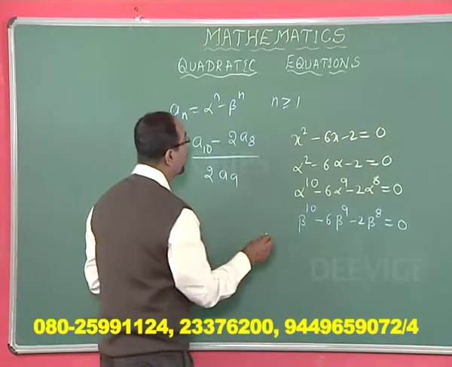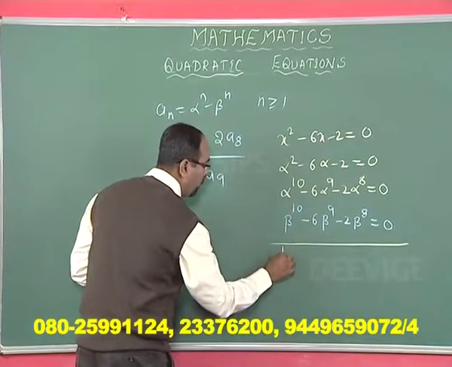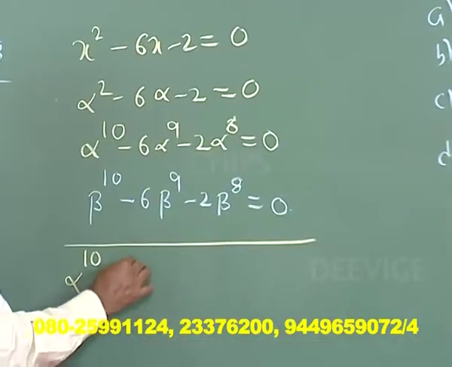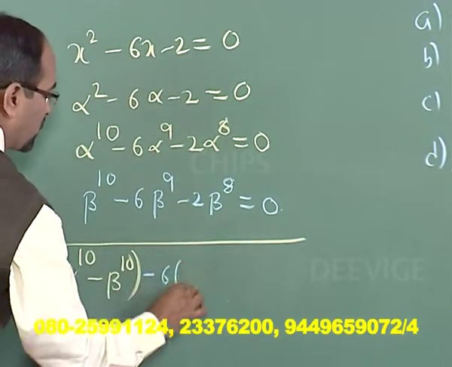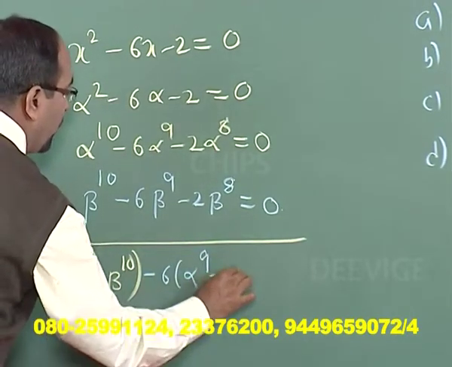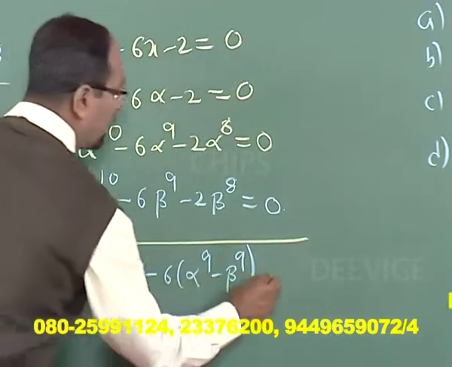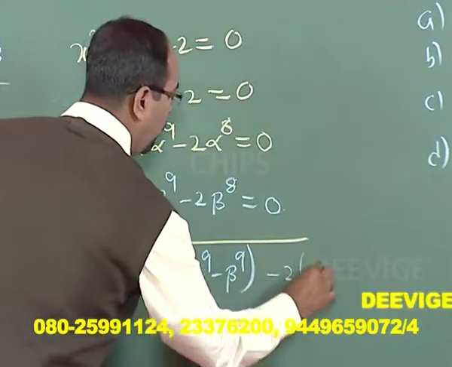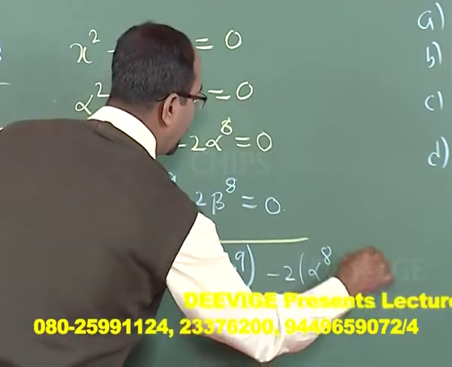Now, let us subtract. If we subtract, alpha power 10 minus beta power 10, that is the first part, minus 6 times alpha power 9 minus beta power 9, this is the second part, minus 2 times alpha power 8 minus beta power 8, this is the third part.